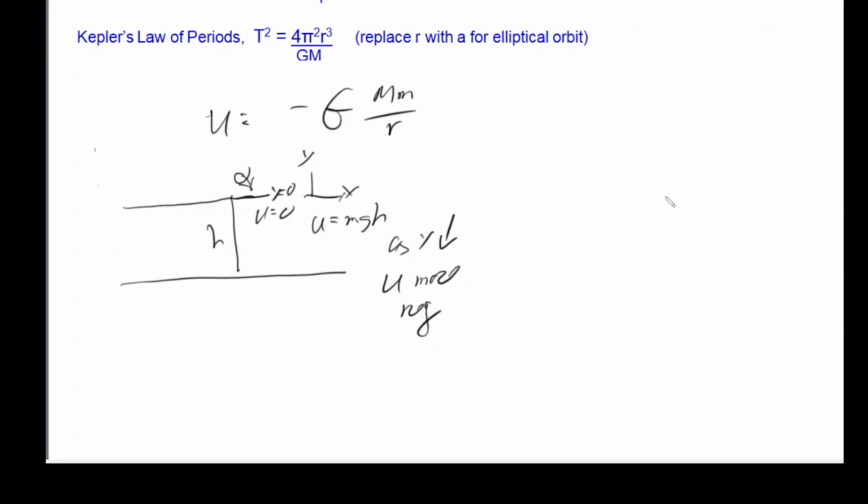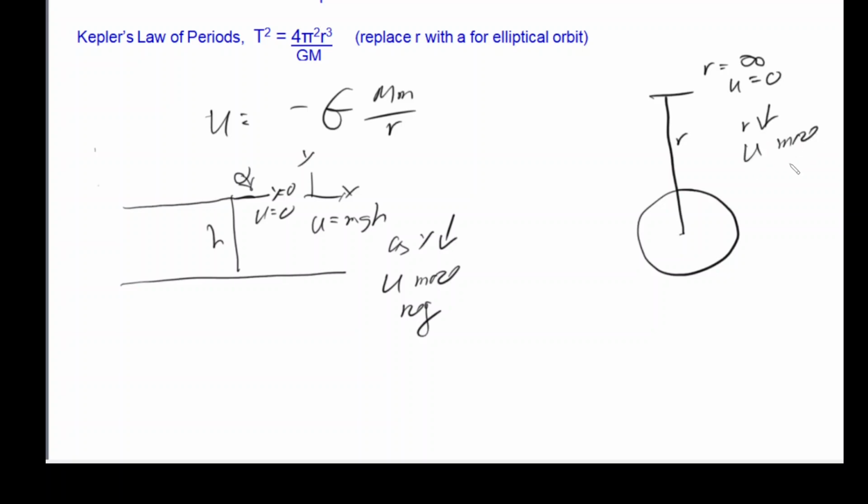So when it comes to the planet, here's our planet, and we're a distance from the center of the planet, r. And in this case, r is being chosen as infinity because there U would be equal to 0. And as r decreases, U becomes more negative.